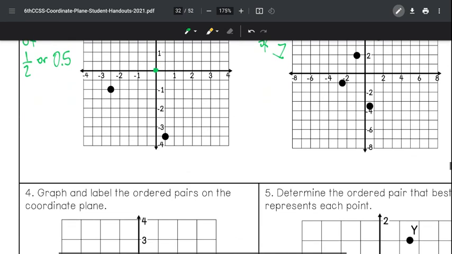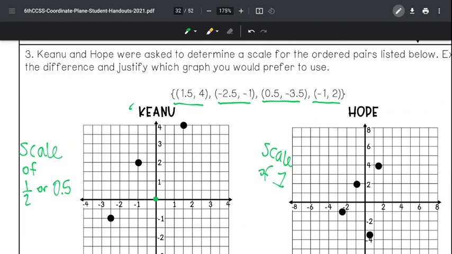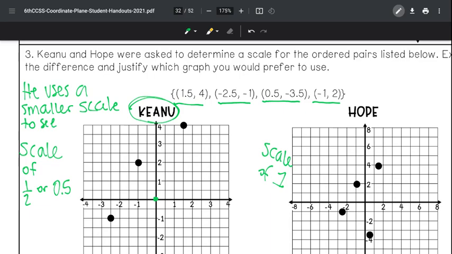So let's see. I would say let's pick his graph, and he uses a smaller scale to see points better.